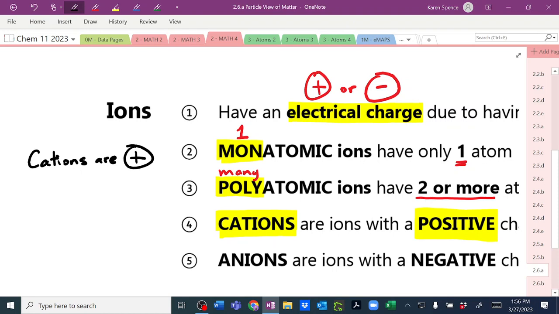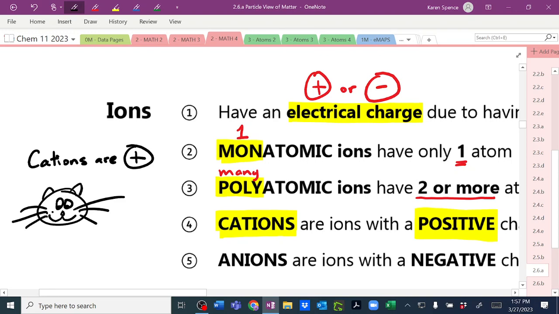How can you remember that cations are positive? Because cats have paws. Yes, we can have our little cat here. And they have paws.